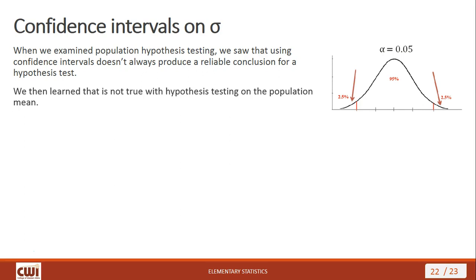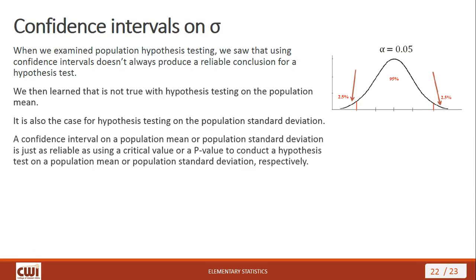They're just as reliable as the more formal methods of using the test statistic or the p-value. This is also true for population standard deviation. So when we make a confidence interval on the population standard deviation, that's going to be just as reliable for concluding our hypothesis test as using a critical value or a test statistic or p-value with a significance level to conduct a hypothesis test on the population standard deviation.